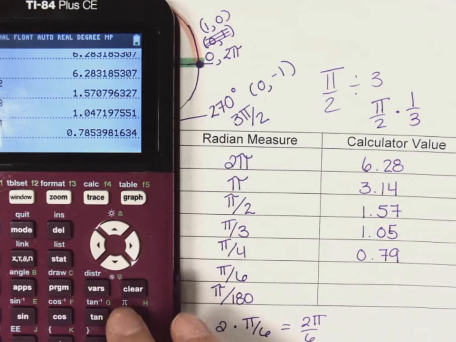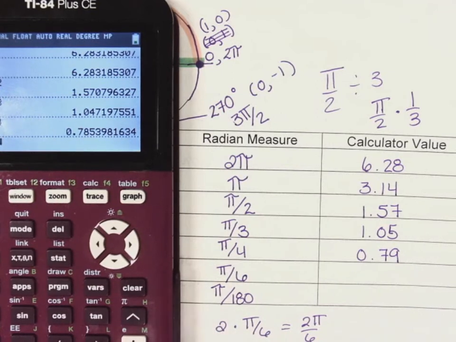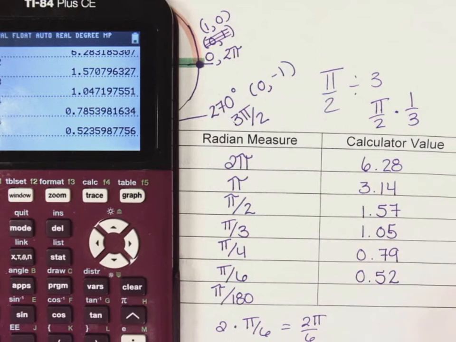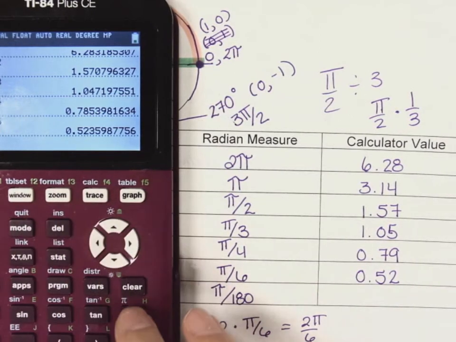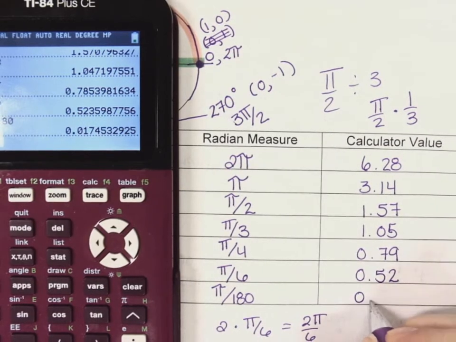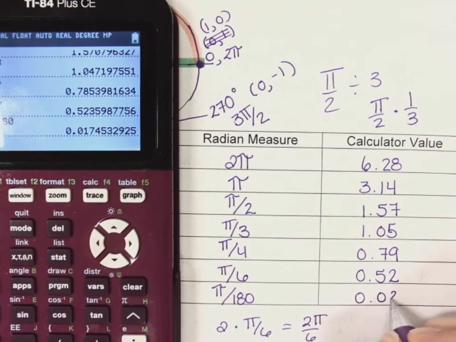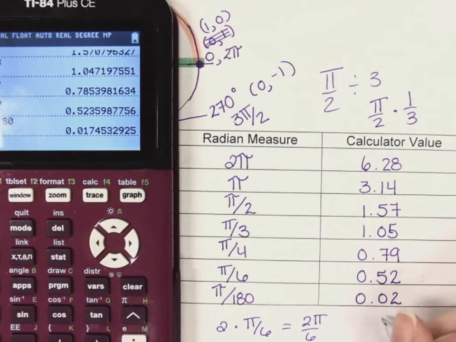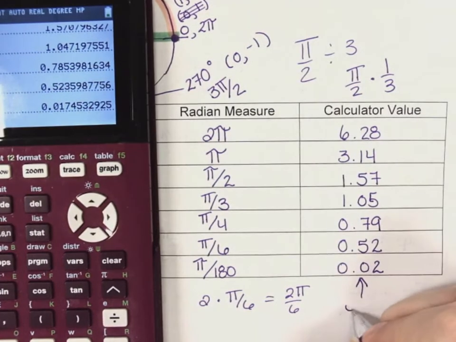And then I have pi divided by 6, and I'm at 0.52. And then I have pi divided by 180, 0.02. So remember that a calculator value is estimated because pi goes on forever and ever. So this is an estimated value.